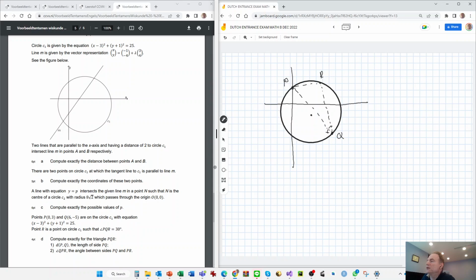I guess it can also be something like this. Say R2. And this angle is 30 degrees. Well, not sure. Let's first do part 1.